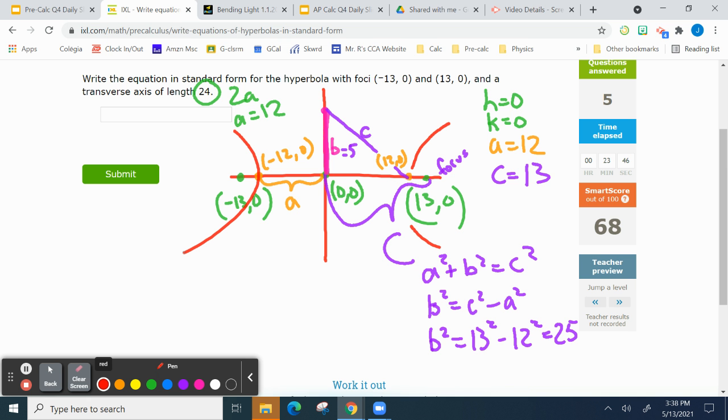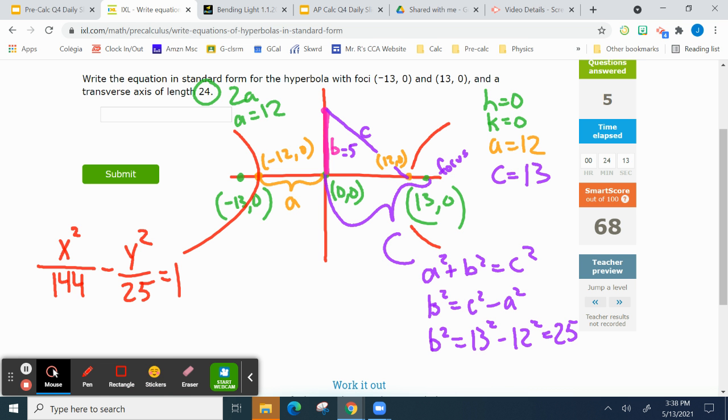The center is 0, 0, so we don't need to put our h and k in. So the solution to this one is going to be x squared over a squared, right? And what is a squared? 12 squared is 144, right? Minus y squared over b squared, which we found was 25, equals 1. And that is all we have to do for that one.